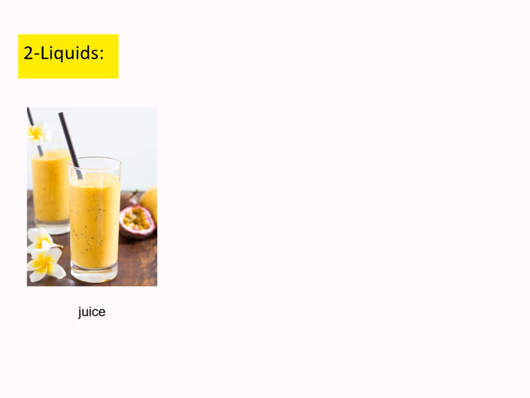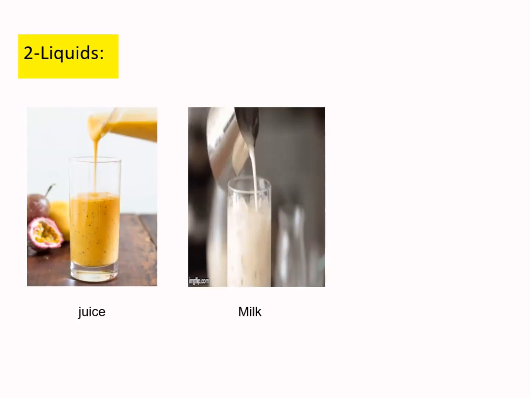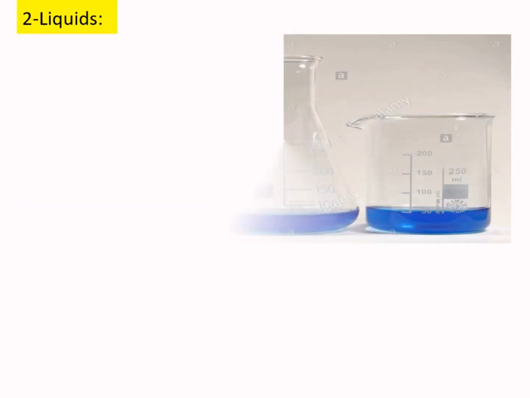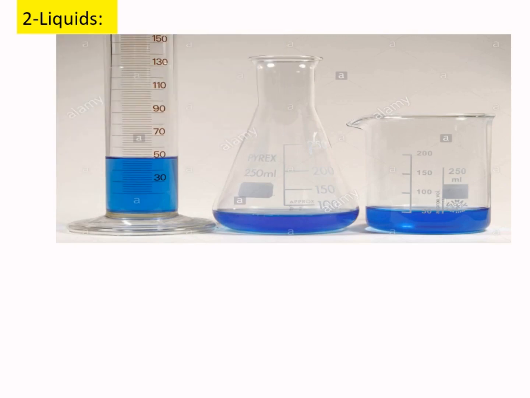Now, we will talk about liquids like juice, milk, and water. Let's imagine that we have a blue liquid and three different containers. By the word container, I mean jar or pot.